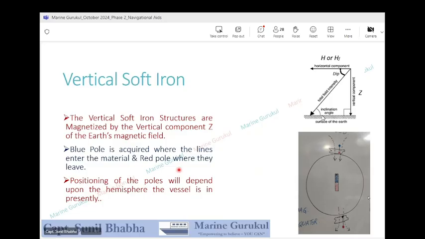The poles get reversed when the ship changes from one hemisphere to another. So it is mentioned in this last point here, positioning of the poles. That means whether the blue pole will be on top of a vertical structure or the red pole will be on top of a vertical structure will depend upon the hemisphere the vessel is in presently.